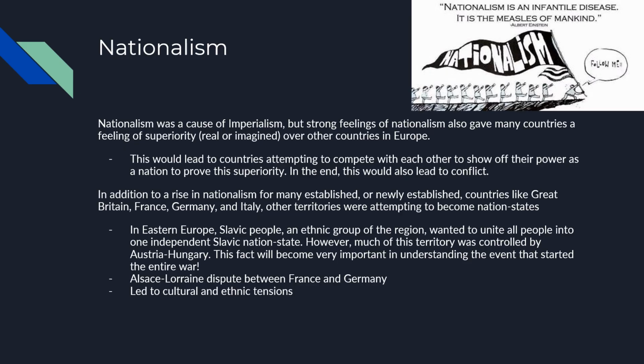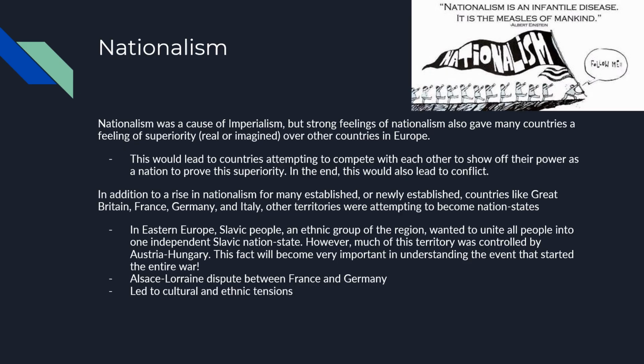And so in addition to a rise in nationalism for many established or newly established countries, places like Great Britain, France, Germany, and Italy, which as we talked about at the beginning of the year, Germany and Italy were newly establishing countries who are trying to establish their power and their place as a full-on represented government and not just an idea. Other territories as well are also trying to attempt to become nation states.